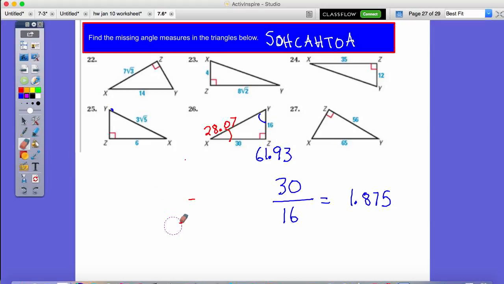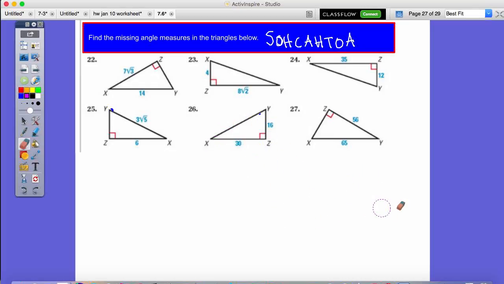Last problem. And here I do have a hypotenuse. So if I have a hypotenuse, I'm going to be using sine and cosine ratios. So for the measure of angle x, the hypotenuse is 65. The other measurement of 56 in this case is the leg opposite angle x.